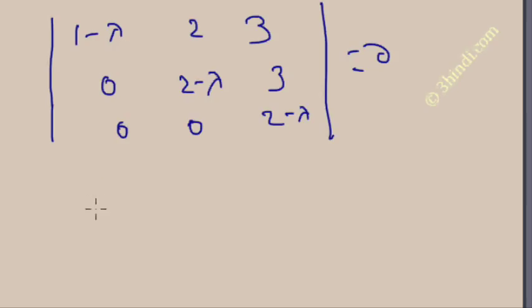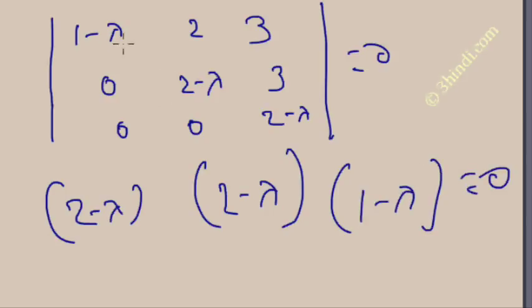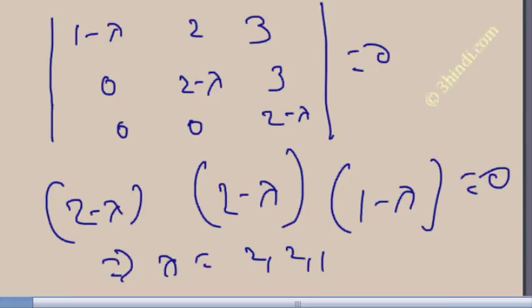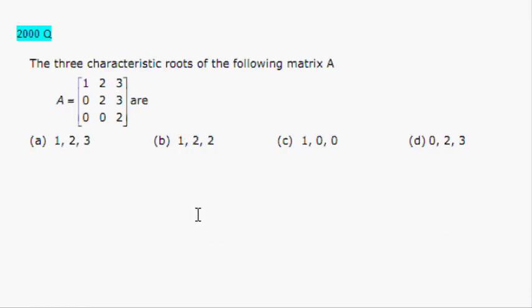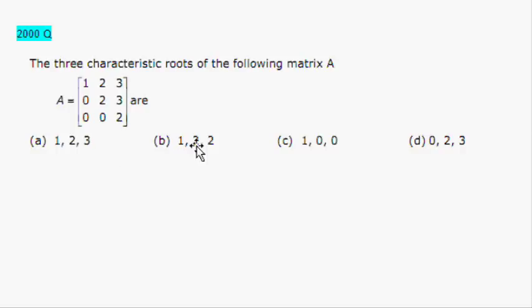Solving this characteristic equation, 2 minus lambda into 2 minus lambda into 1 minus lambda is equal to 0. This means lambda is equal to 1, 2, 2. So the correct solution is B.